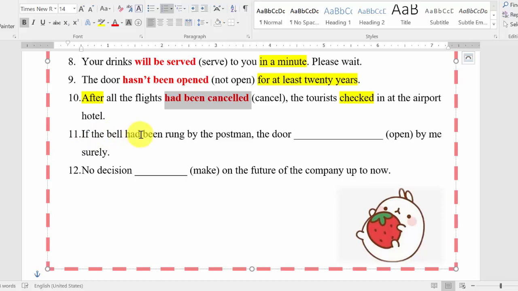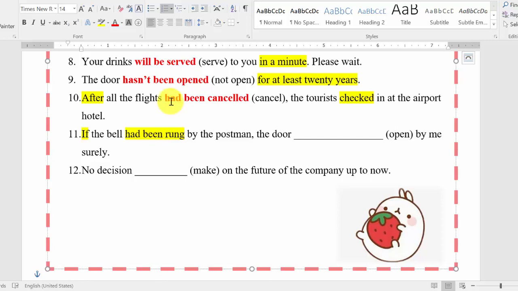Okay, next one, 11. If the bell had been rung by the postman, the door what by me surely. So your first keyword is if, and another keyword is the verb, had been rung. Had been plus PP, so this is past perfect tense, past perfect passive form.